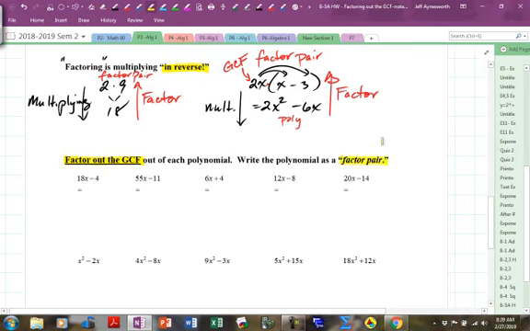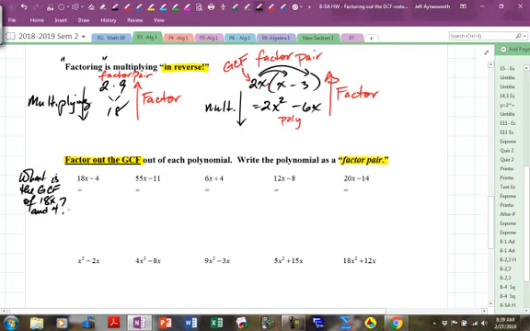So let me illustrate here. Let's take 18x and 4, and think, what's the GCF of 18x and 4? Forget, you don't even have to worry about the minus sign right now. That's irrelevant. And they're both even.